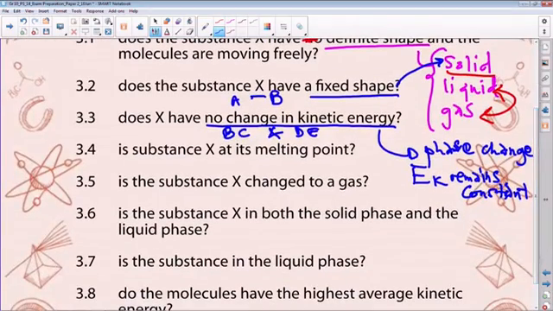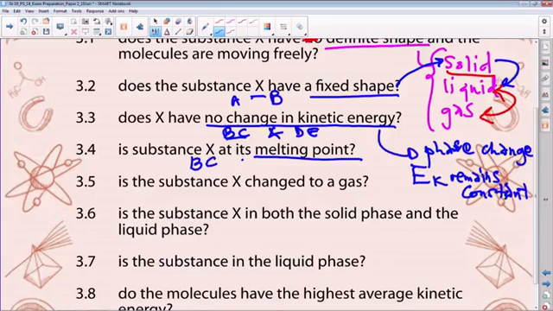This is a very important part of this. So the melting is substance X at its melting point. At the melting point, we know that it changes from solid to liquid in this case. At which time did that occur? It occurred between B and C, because that's where we have the first case where temperature remains constant.